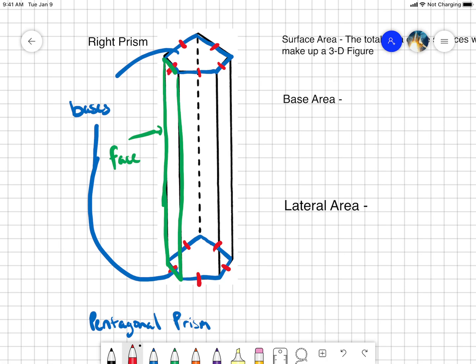One, we know that these two opposite sides, the top and bottom, are already congruent because they were for the bases. But we also know that these pieces right here are not only congruent, but they're parallel. We also know that these sides up here are also parallel.